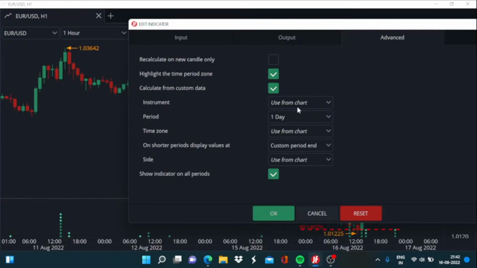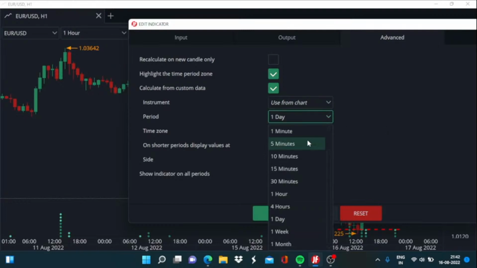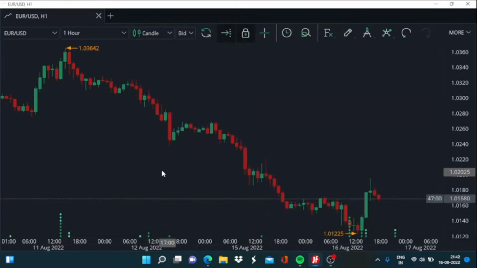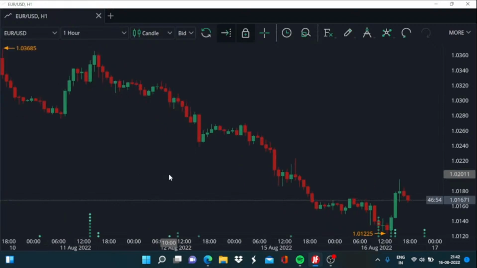If you want the calculation to be done from custom data, then you can specify the instrument or you can simply use it from the chart. The candle period can also be varied. You can make it anything from 1 minute to 1 month. Usually I use weekly. So when we get weekly, it will look a bit different and it will remain in place for the whole of the week.